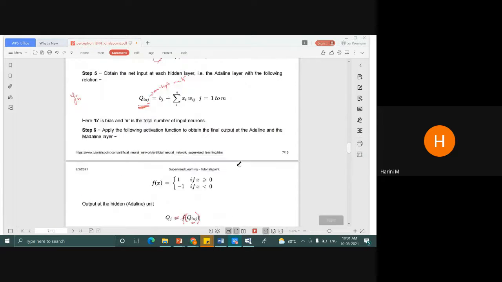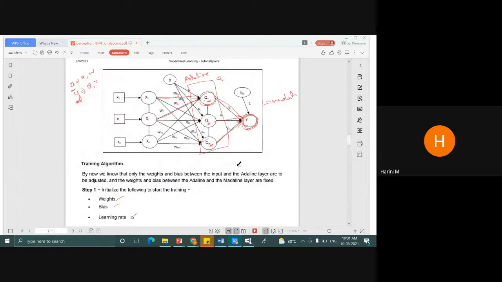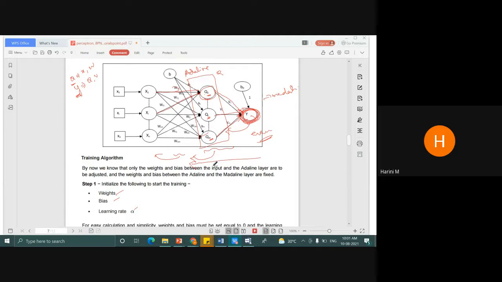Since it's a backpropagation concept, from here only you're going to calculate the error value, right? Based on this output only you're going to calculate the error value. So the very first thing that you have to do is update the v values and Q value. Once done with the updation part here, then you have to update the w and x here. So this is known as backpropagation. You're going in the backward direction. So first we'll calculate the error value.